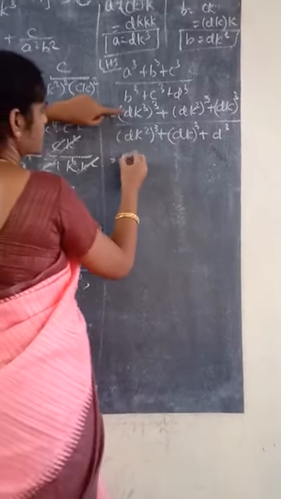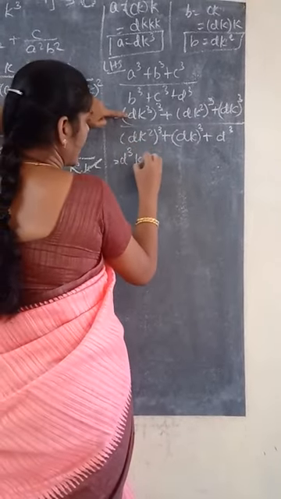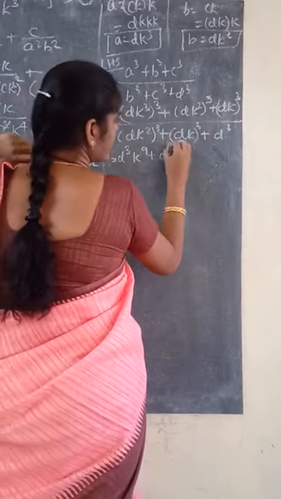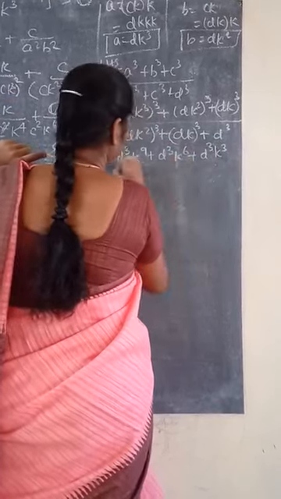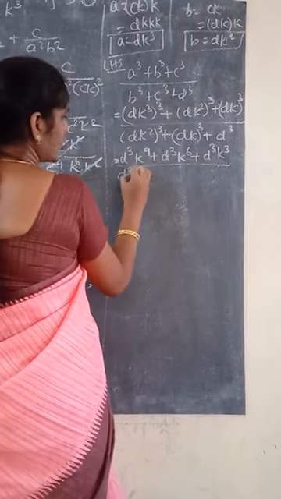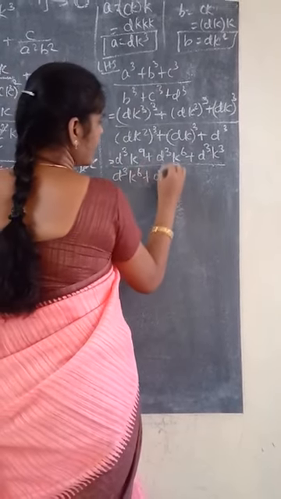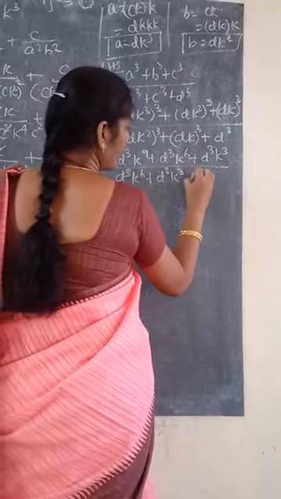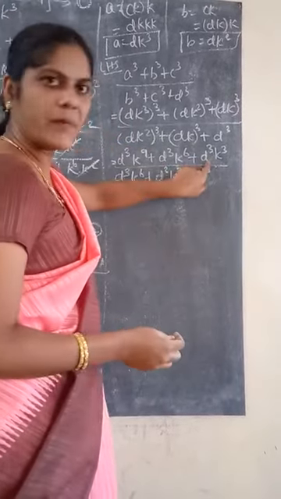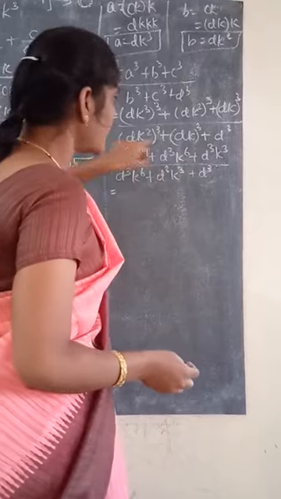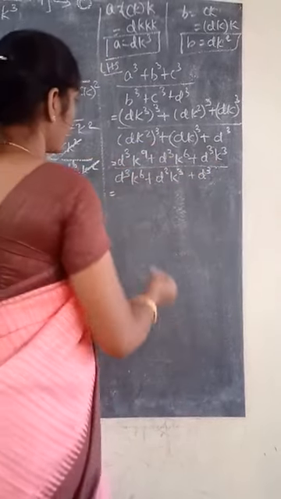Next, do the multiplication. d cube k power 9 plus d cube k power 6 plus d cube k cube divided by d cube k power 6 plus d cube k cube plus d cube. Now listen, here d cube is common, k power 3 is also common, take it out.